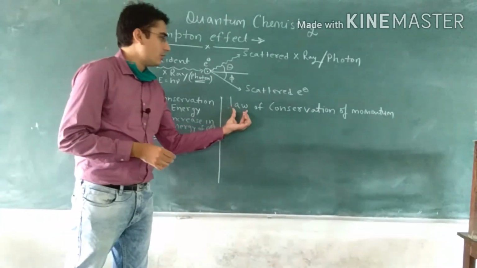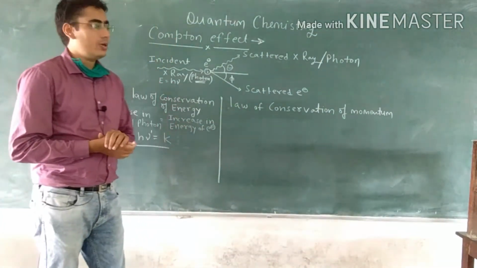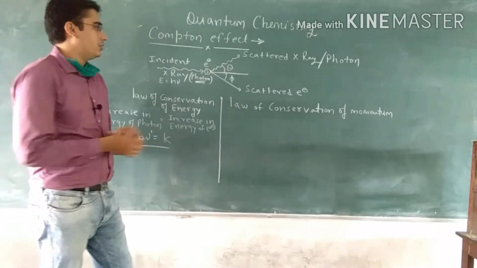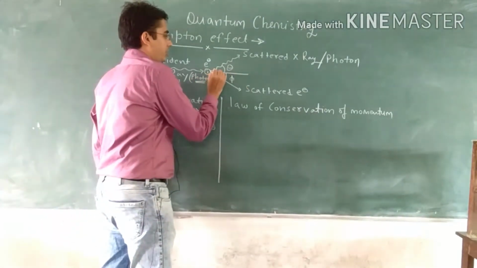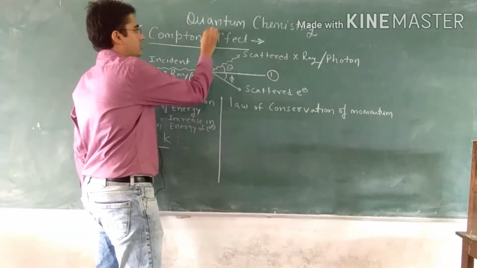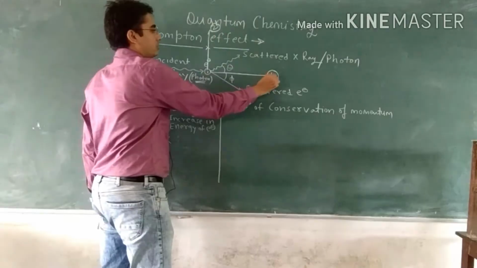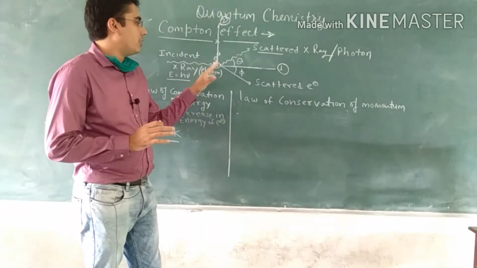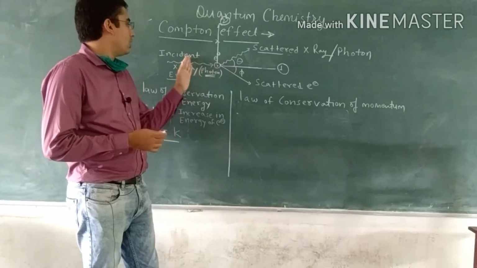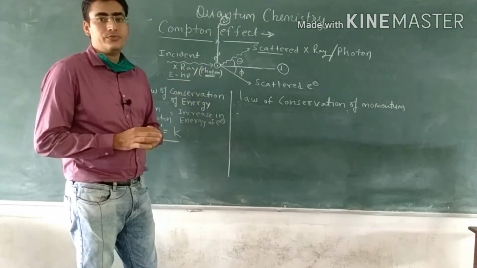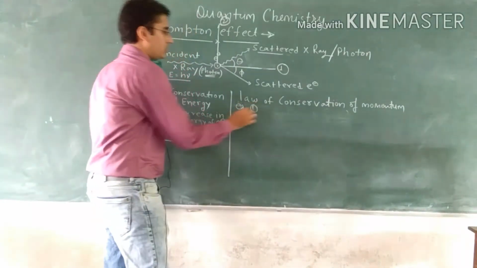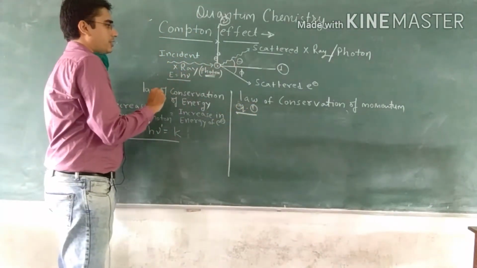Now we understand the law of conservation of momentum. Momentum is a vector quantity, and we take one direction and a second direction perpendicular to it. So we can apply the law of conservation of momentum in the direction of the incident X-ray and perpendicular to it. Thus we get two equations. Equation first is in the direction of incident X-ray.